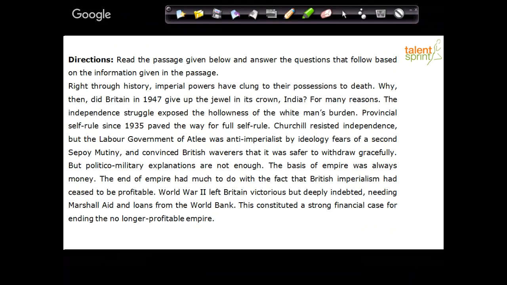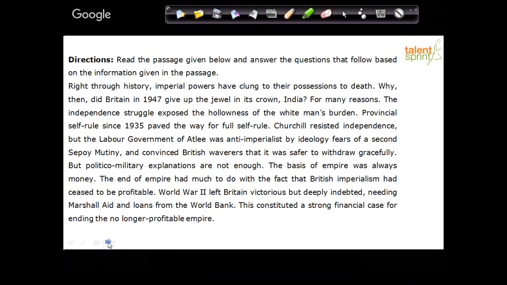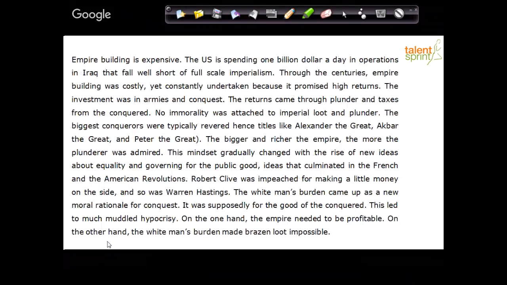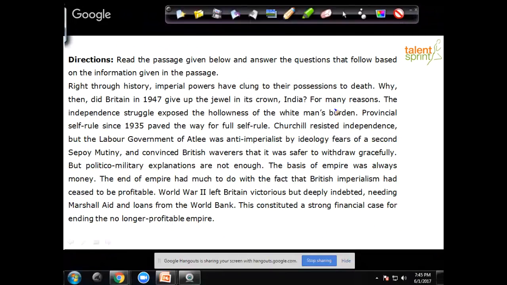People, you have misled me. I don't see it in the first paragraph. I think you misunderstood the second paragraph as the first paragraph. 3rd line, okay. 1, 2, 3. For many reasons, the independence struggle exposed the hollowness of the white man's burden.